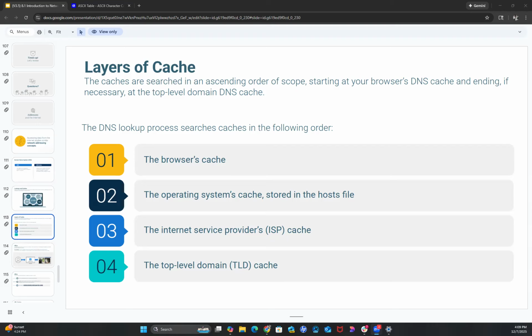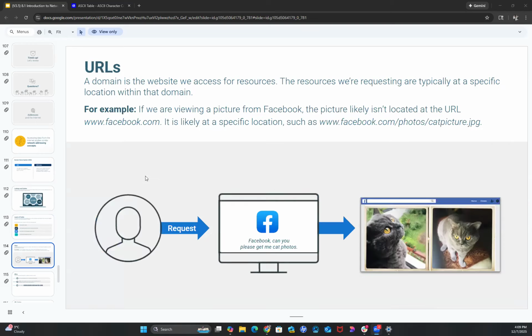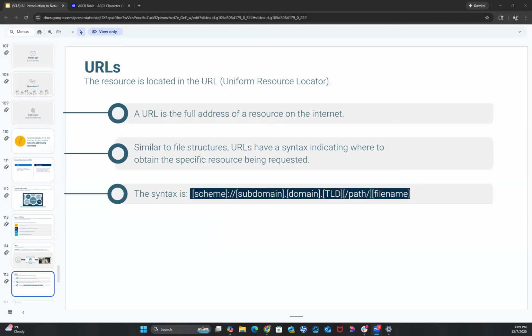So when they write Facebook, if they don't have any DNS record, they need to search the whole network. First they look in the DNS record, and second, next it looks into the operating system DNS.